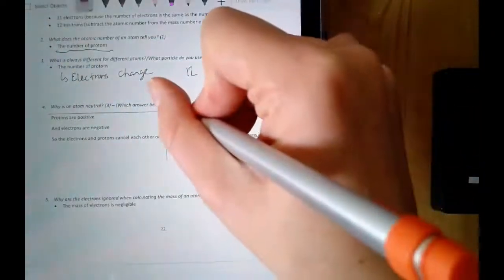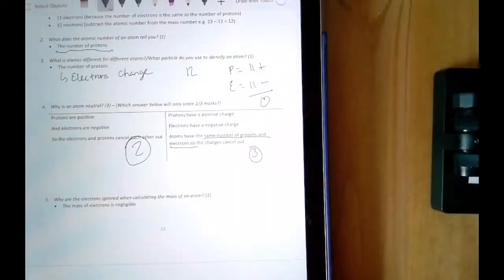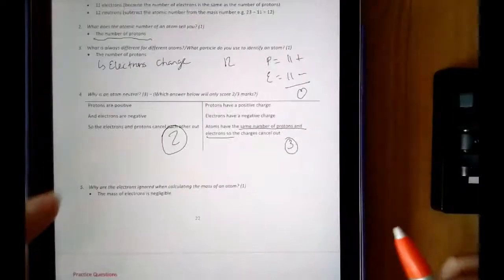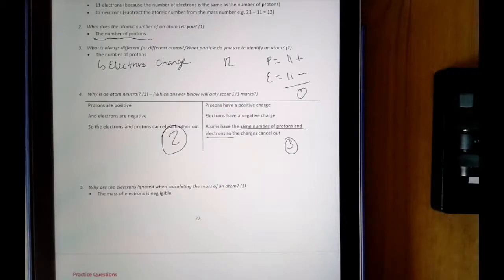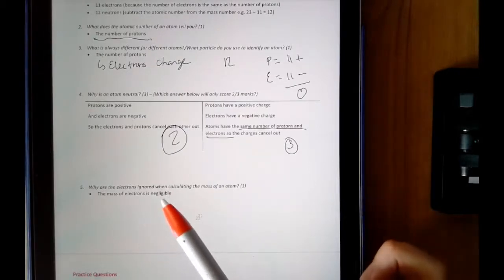So this answer here will score all 3 marks, whereas the answer on the left will only score 2 because you haven't specified that you've got the same number of electrons and protons. The last question here: why is the mass of electrons ignored? They're ignored because electrons are so light that we just say that their mass is negligible.